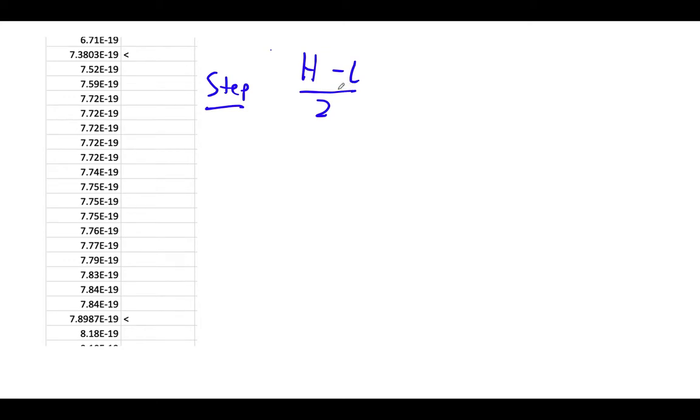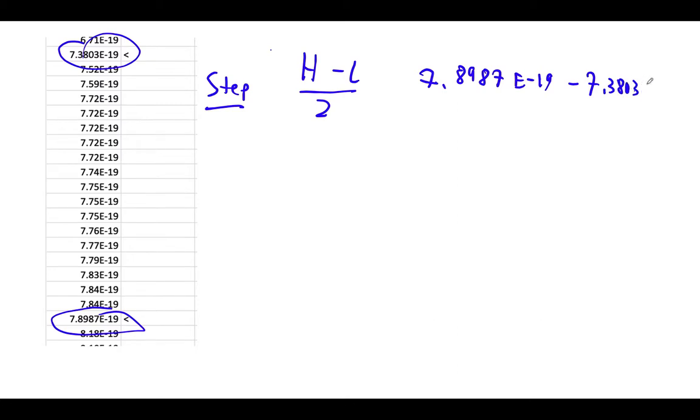Good. All right. So high minus low divided by 2. So I'm going to go 7.8987 times 10 to the minus 19th. That's this guy, right? That's the highest one, right? Minus the lowest on that step, so minus 7.3803 e minus 19. And then we're going to divide that by 2.